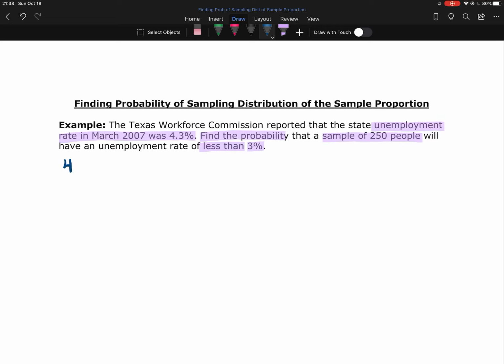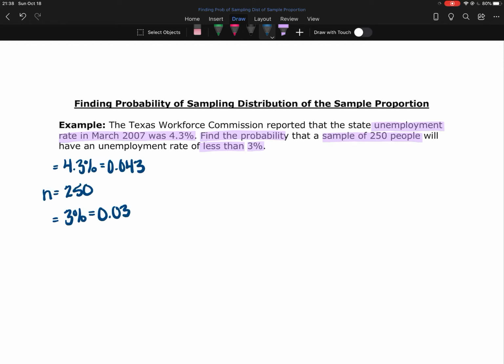So let's see, I have a few numbers that I'm going to write down. 4.3%, which is 0.043. 250, which I know is going to be my sample size. And then 3%, which is 0.03.